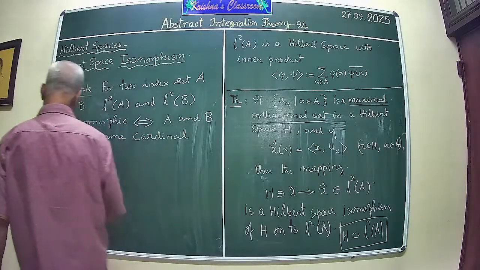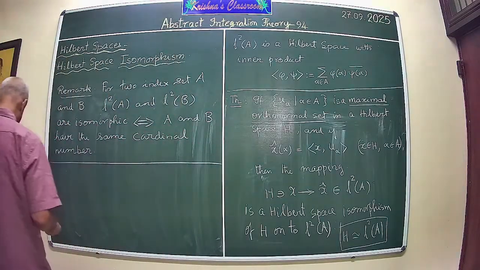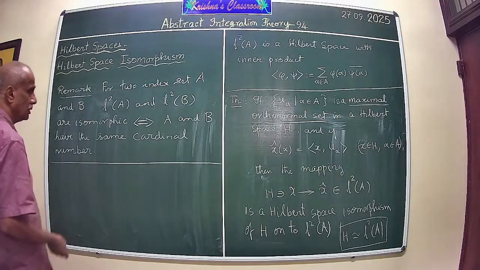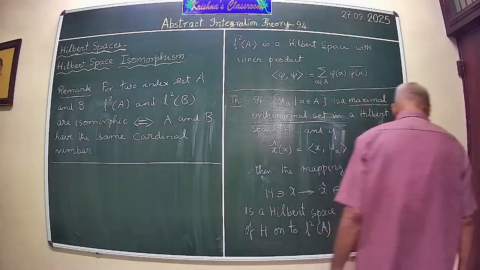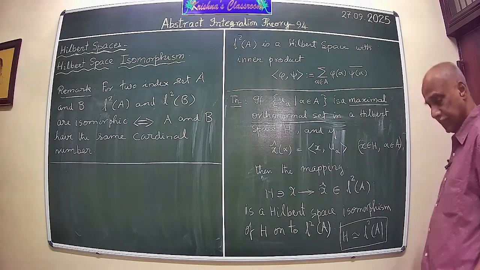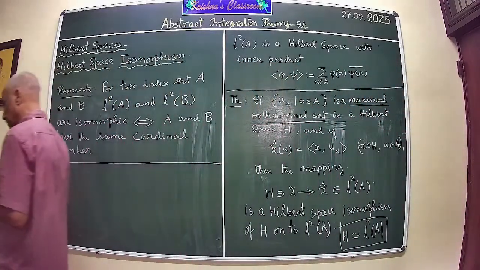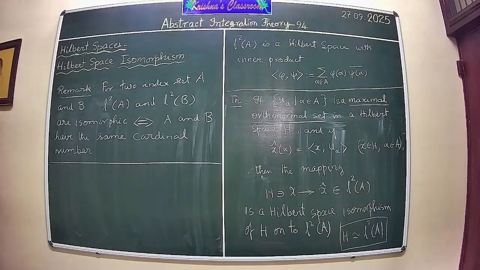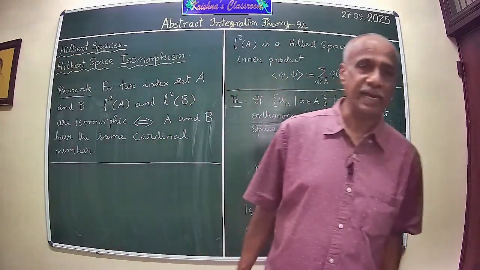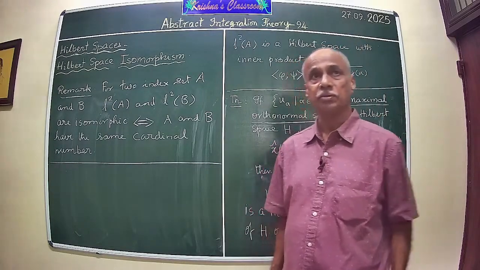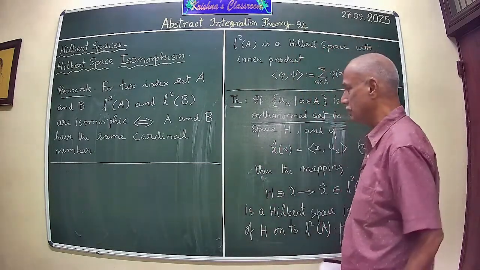Now, what we want to prove eventually is this. We have seen that if X is a finite dimensional vector space over F of dimension n, then X is isomorphic to F^n. Recall this.